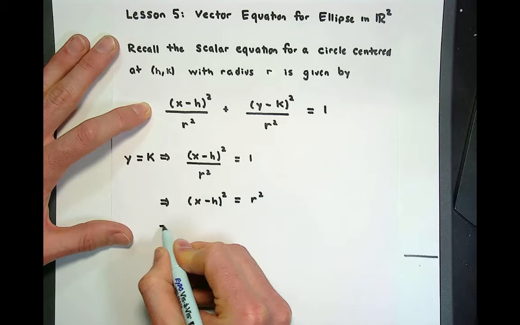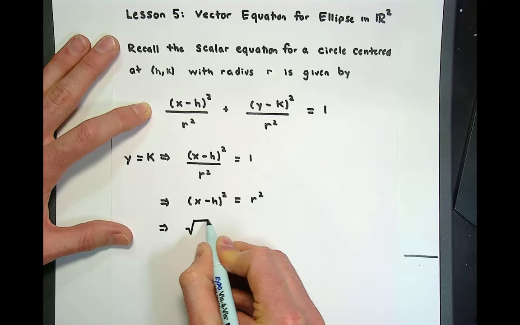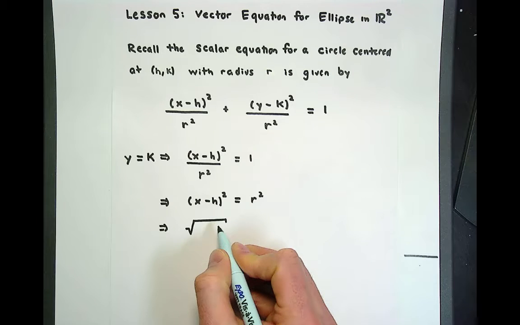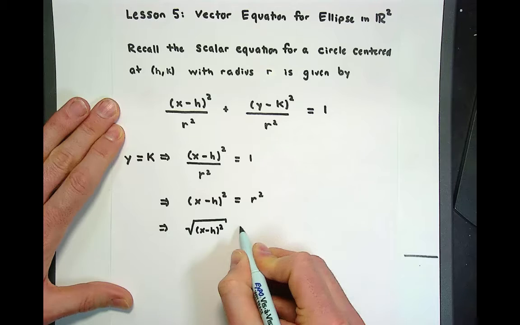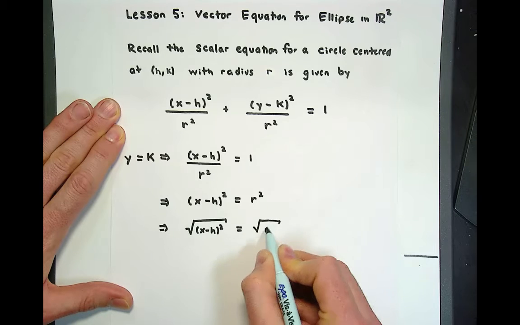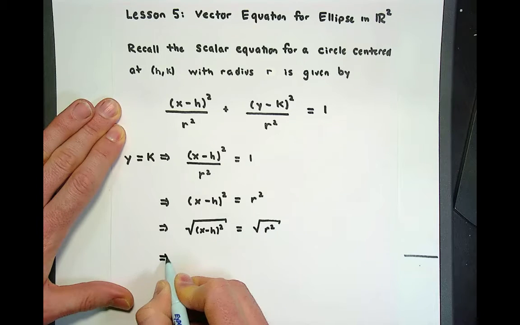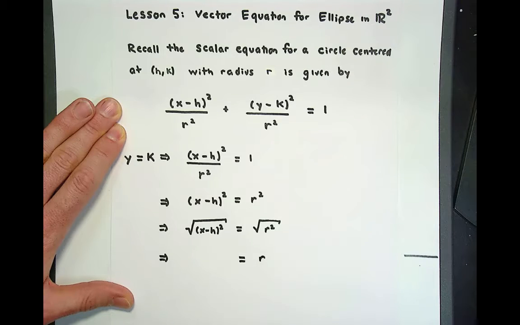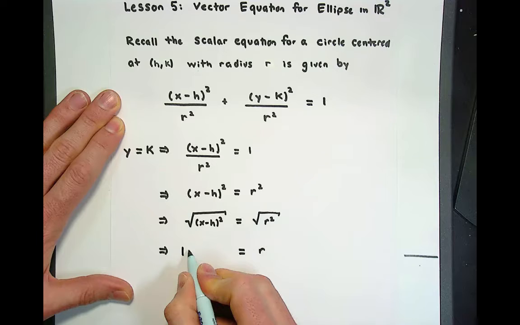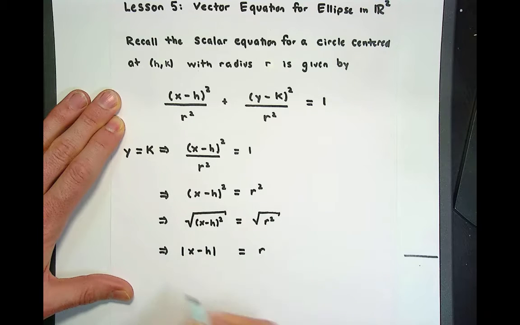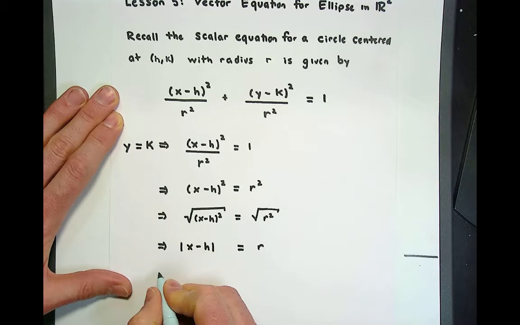Recall that in order to get rid of the square, we take the square root, and this would be the square root of (x minus h) squared, and then the square root of r squared. Of course, r is assumed to be a positive number, so when we square it and square root it, we get back to the same thing. This would be x minus h in absolute value.